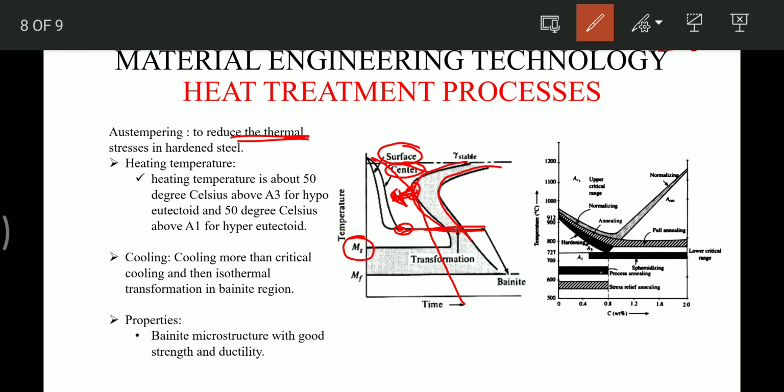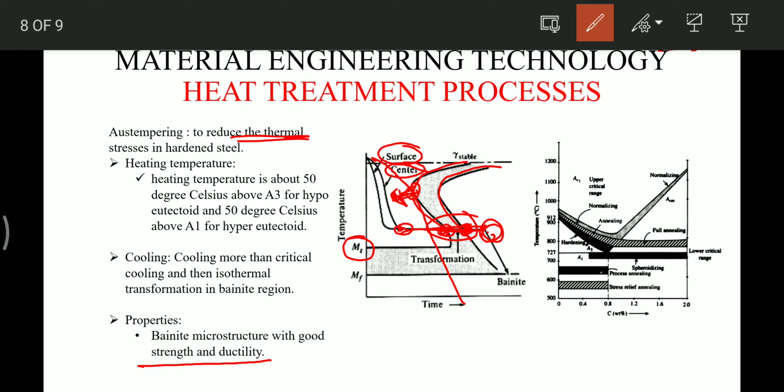As you can see friends, this is the starting point for the formation of bainite, and this is the finish point for the bainite structure. We have to cool it isothermally for long enough so that we cross this region, okay friends, and then this comes to the bainite region. Then the properties will be good strength and ductility.